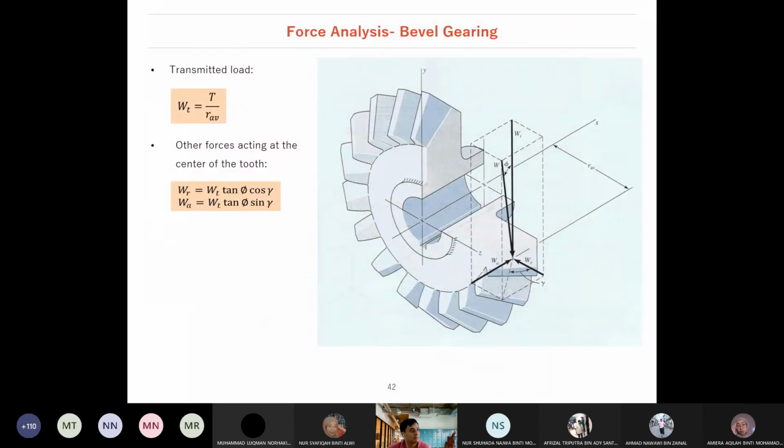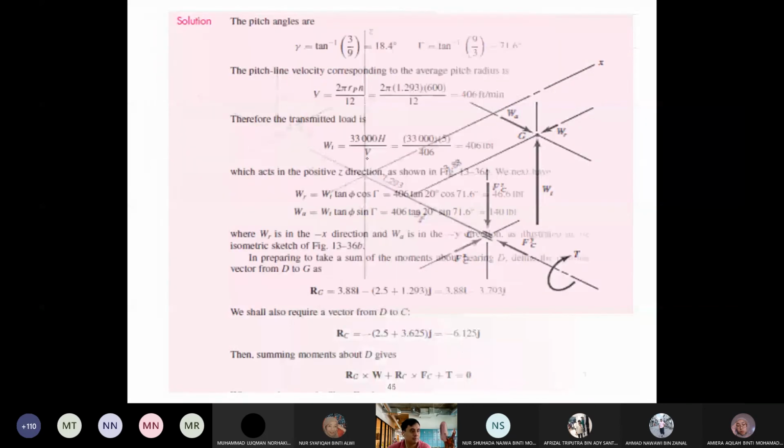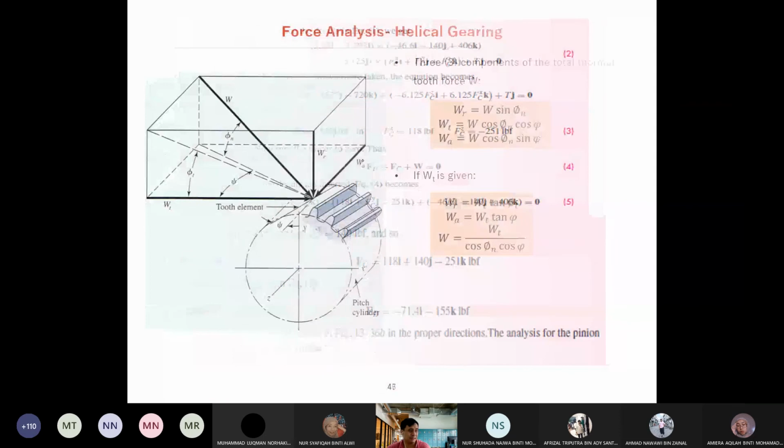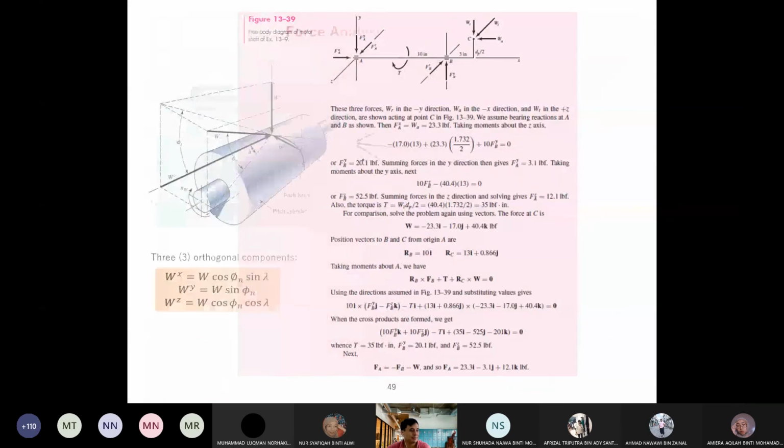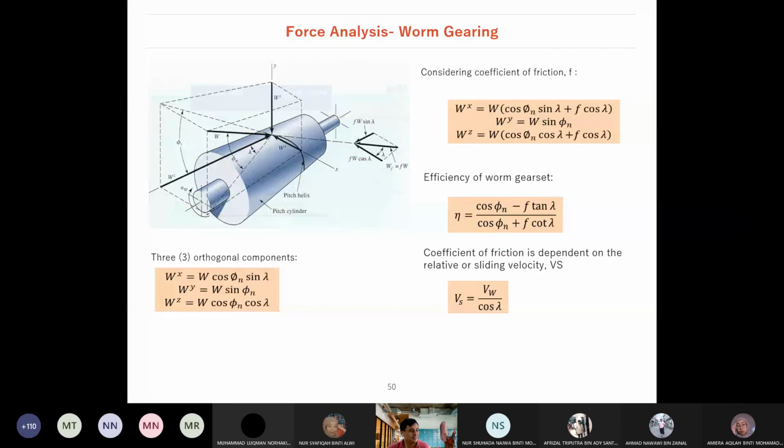I think after that, we go to the analysis of bevel gear. We do some examples which are quite complicated too, alright. And the last one we go to the shaft. It's really complicated, sir. Yes, indeed.